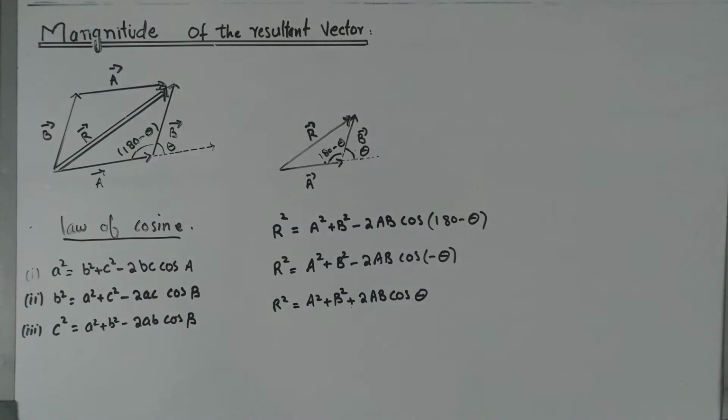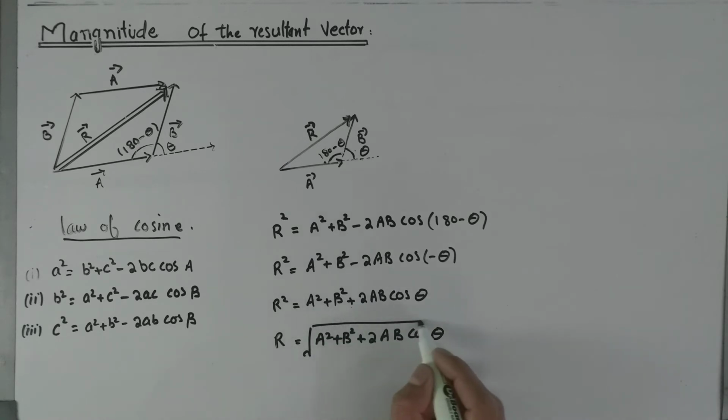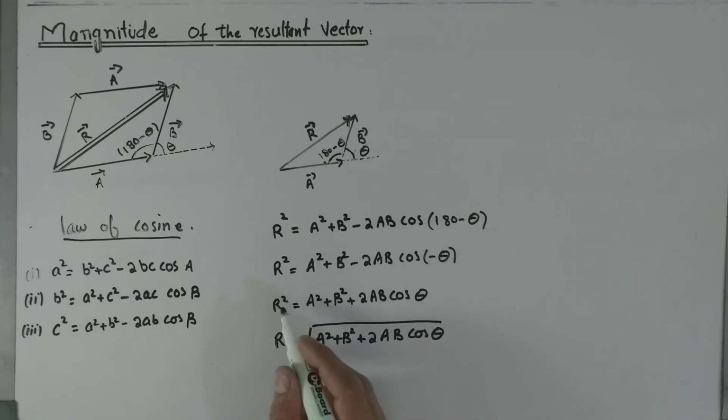To remove the square, we take the square root of both sides, and we get R equal to the square root of A square plus B square plus 2AB cos theta.